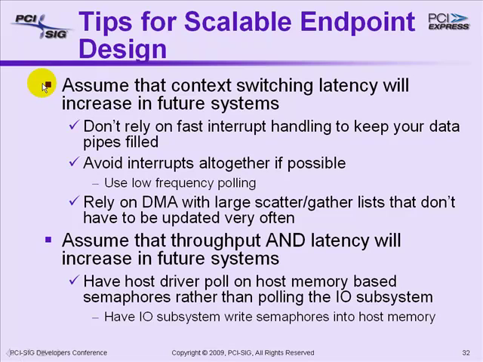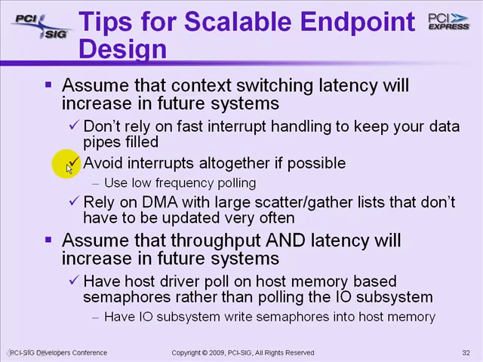Now some issues to consider with respect to scalability of your design and taking it to future PCI Express generations. First of all, context switching latency is not going to get better. It's going to tend to get worse, or at best stay the same. So don't rely on fast interrupt handling to keep data moving in your system.